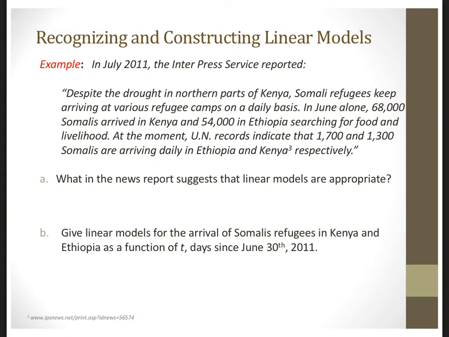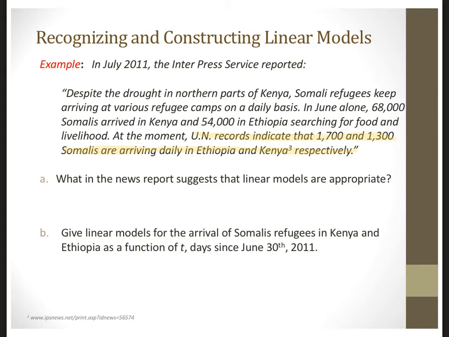So the first question might be, why should we use a linear model here? When we're reading this excerpt from the article and we see that things are growing at a constant rate, that means a linear model would be appropriate. The UN indicates that 1,700 and 1,300 were arriving in Ethiopia and Kenya, respectively.